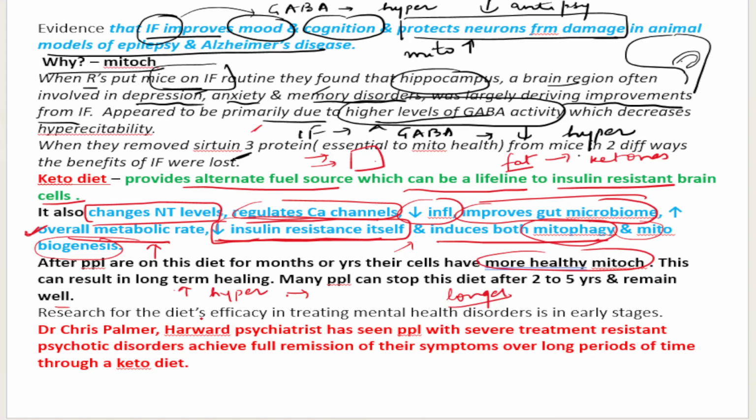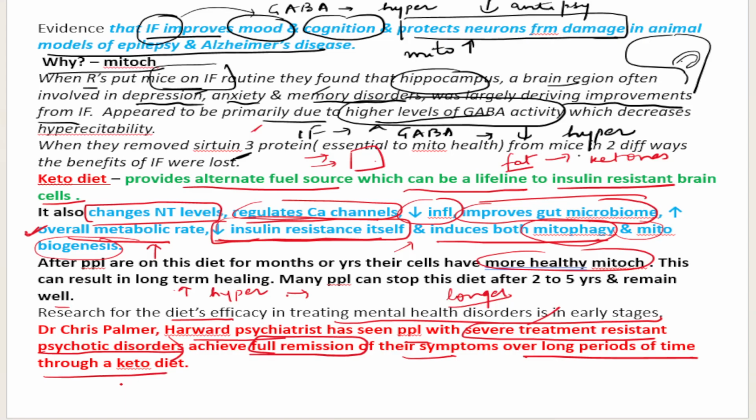Now, research on the diet's efficacy in treating mental health disorders is in early stages. Dr. Chris Palmer, a Harvard psychiatrist, has seen people with severe treatment-resistant psychotic disorders achieve full remission of their symptoms over long periods of time through the ketogenic diet.